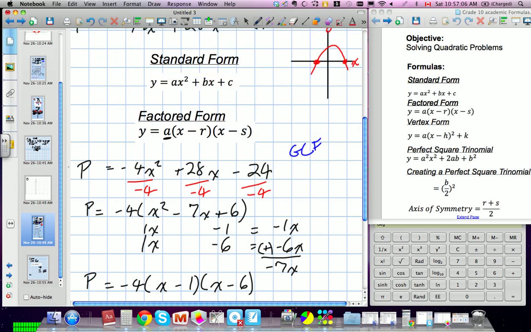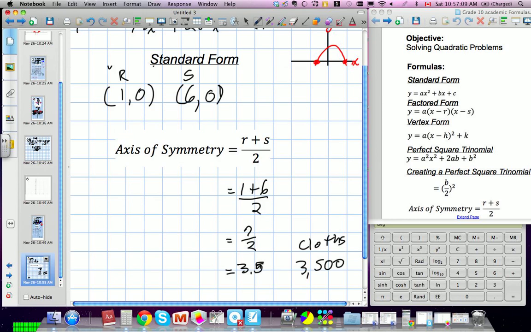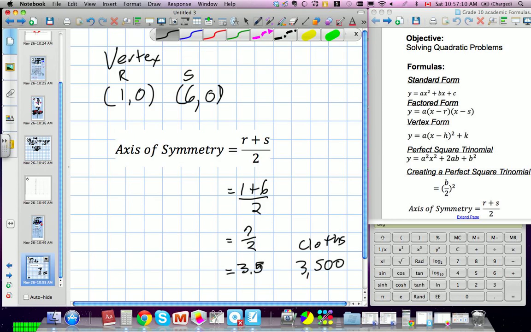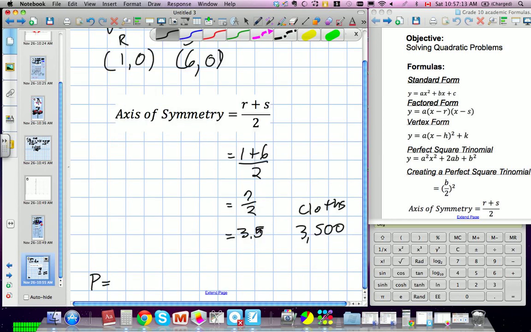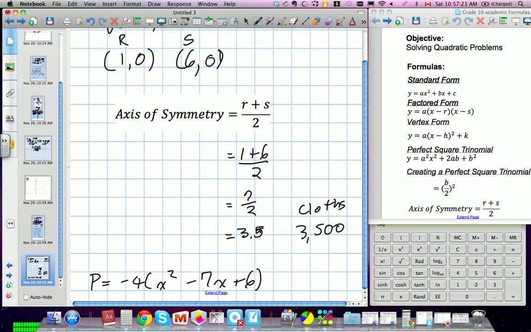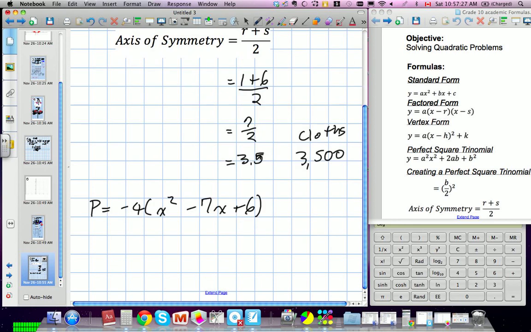Wait, you should substitute it in? Oh, sorry, that was our standard form. We actually want the factor form, right? Yeah, you're right. It became x minus 1 and x minus 6.